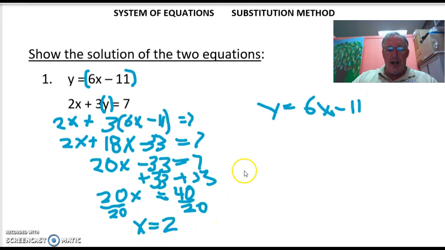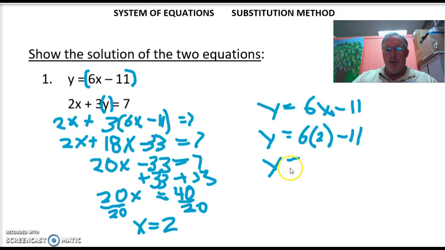We found that x is equal to 2, so we're going to rewrite that. 6 times 2 minus 11. What is 6 times 2? 6 times 2 is 12. Bring down the negative 11. So in the end, y is equal to 12 minus 11, which is 1.